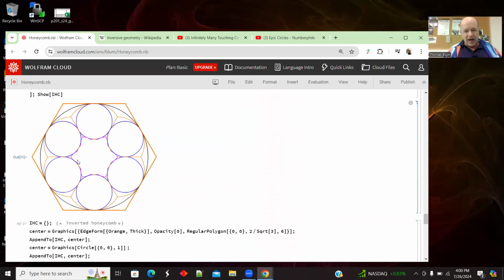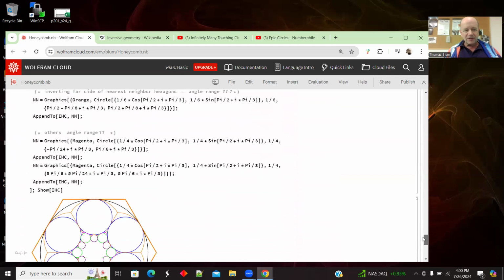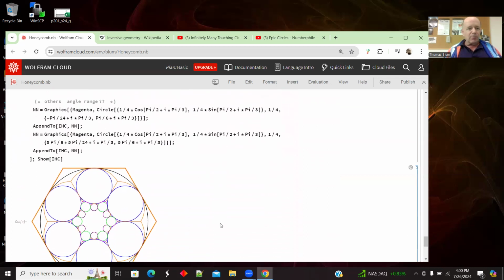I just wanted to add back in my next nearest neighbors and next nearest neighbors, along with this first hexagon inverted, to put it all together and show that all the things are appropriately touching.